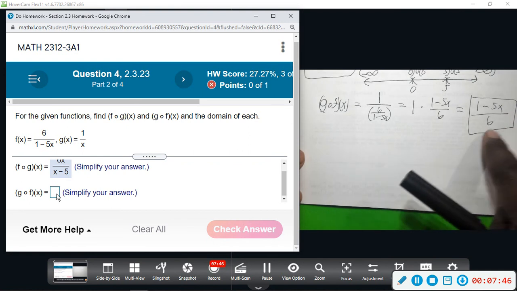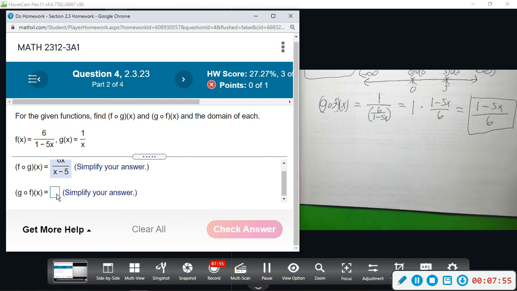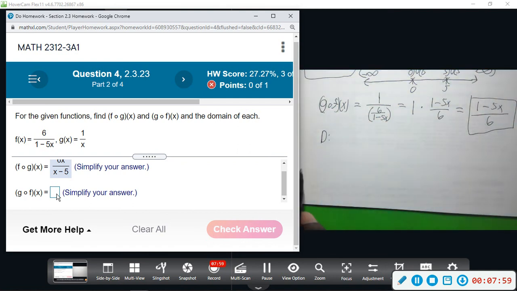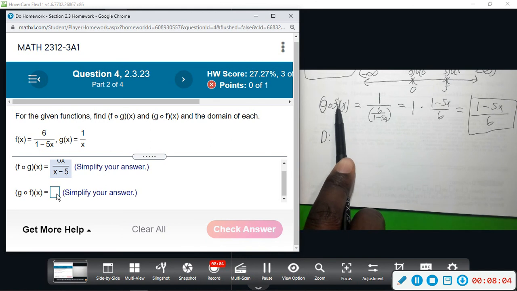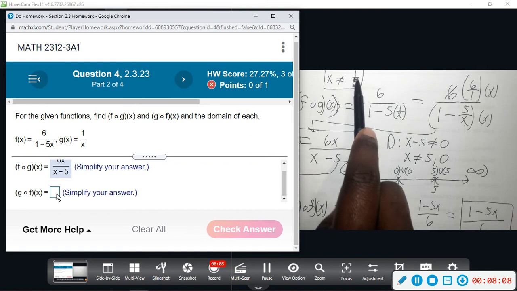The domain here would be all real. The fraction does not have x in the bottom, so that's not going to cause us an issue. No square root, no log. So your domain is going to be all real, except for you plugged in f. So whatever was a restriction with f, we have to carry it on here. It was 1/5.